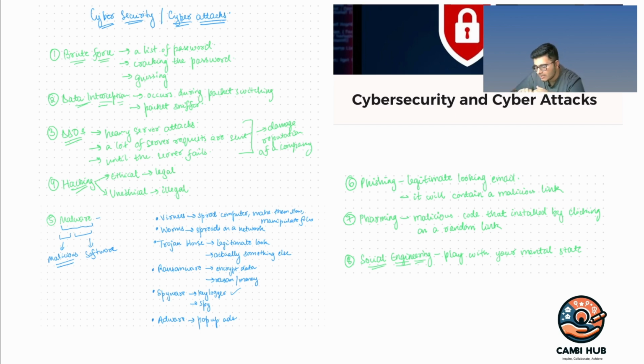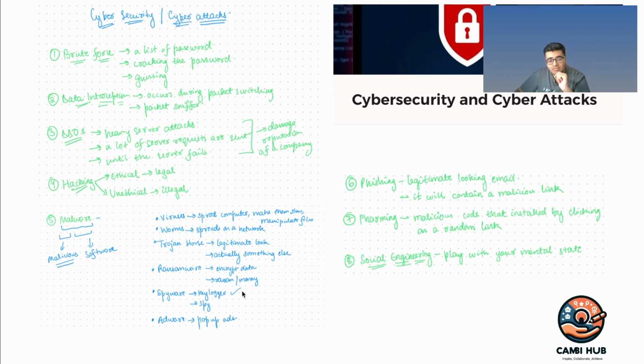A Trojan horse is something that looks very genuine, but inside it is something else. It's a legitimate-looking software or file, but when you open it, there is something else inside it, a virus or anything of that sort.